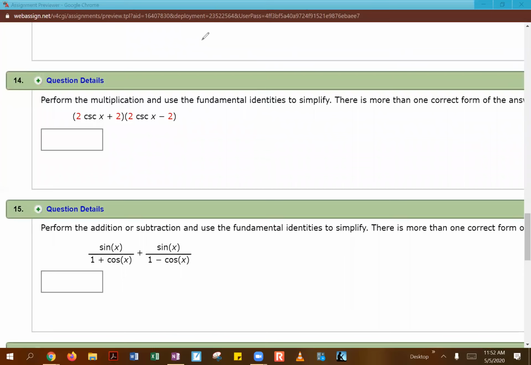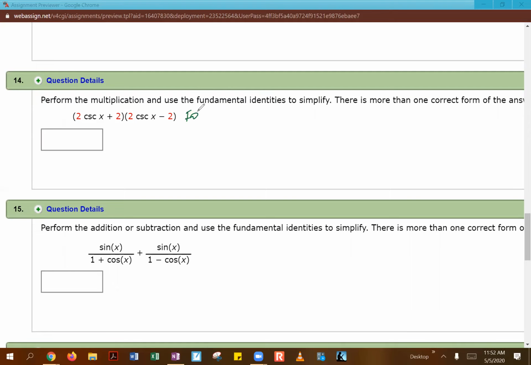So what do we do here? You just multiply together, so it's just going to be 4 cosecant of x minus 4.